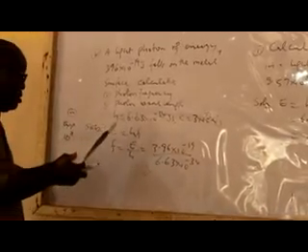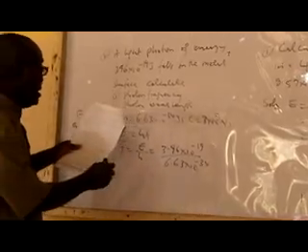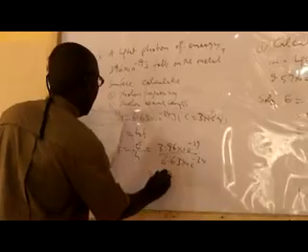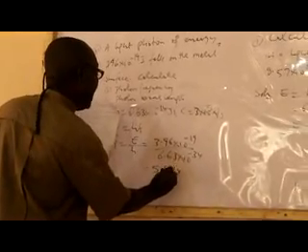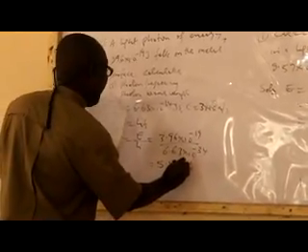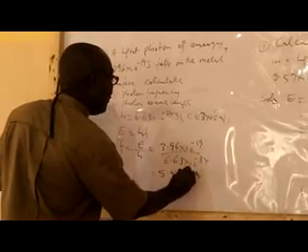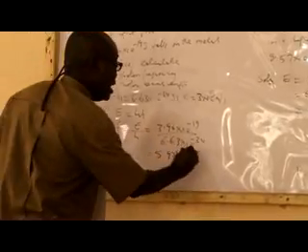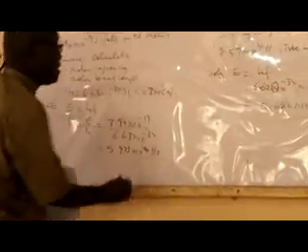Use it and you solve the problem. When you solve the problem, you arrive at this answer: 5.97 times 10 to the power 14. If you leave it like this, half mark is removed immediately. You must say hertz. You must say hertz.